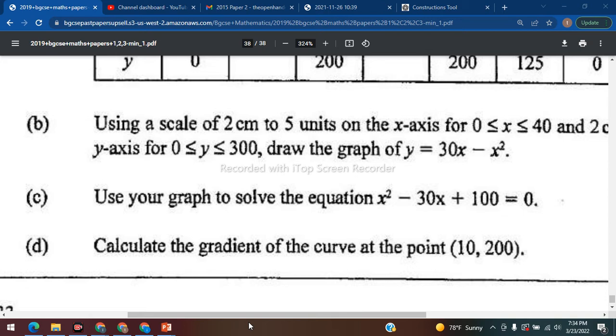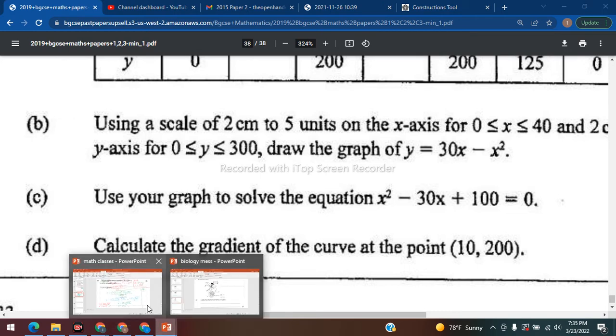You mean the construction? Yes. That was your paper 2, the bisect thing. Alright, this question is paper 3, BGCSE.